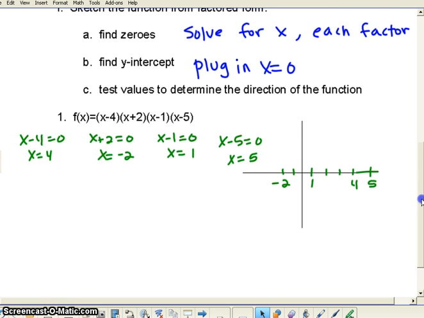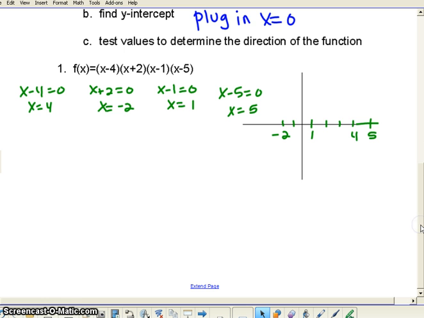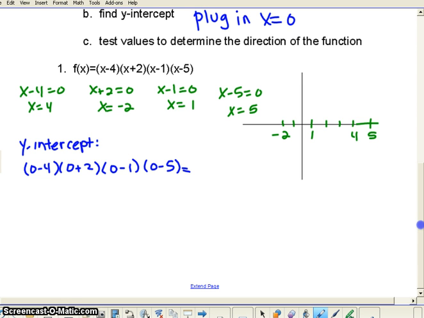Once you get your roots determined, then you need to figure out where it is going to cross y. Once you plug in 0 for all your x's, then you'll know where it's going to cross y. So the y-intercept: 0 minus 4 times 0 plus 2 times 0 minus 1 times 0 minus 5.